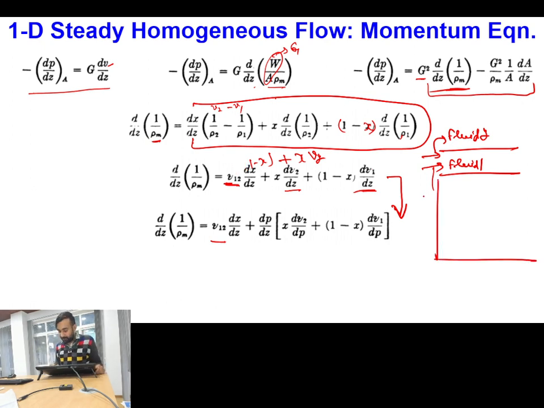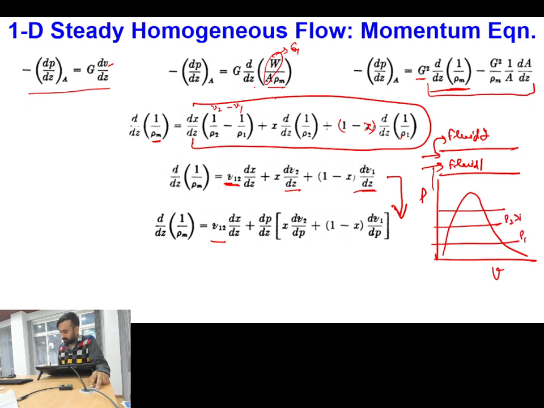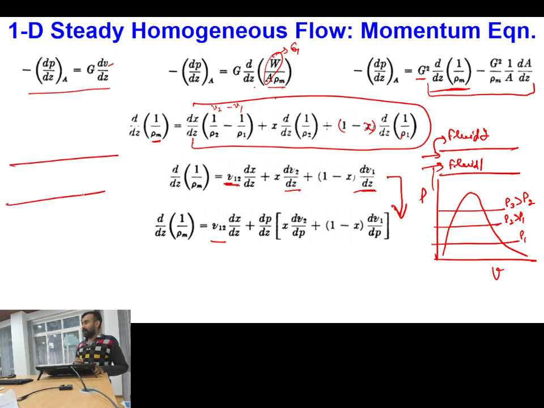So if you have, say, a PV diagram of a substance, what will be happening? This is my one pressure line, this is another pressure line, this is a third pressure line. So here say this is P1, this is P2 which is greater than P1, this is P3 which is greater than P2. Okay. So whenever you have a two-phase flow pipeline, of course, in any pipeline you will have high pressure in the upstream direction, and low pressure in the downstream direction.